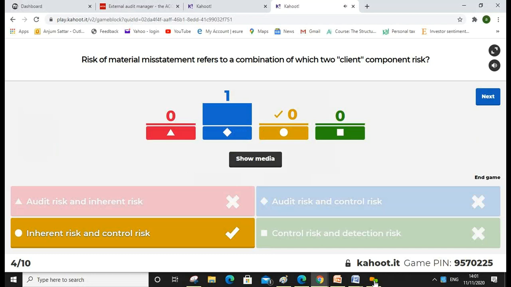Inherent risk. We have not really learned risk at the moment, but inherent means what is happening due to the culture of the organization.